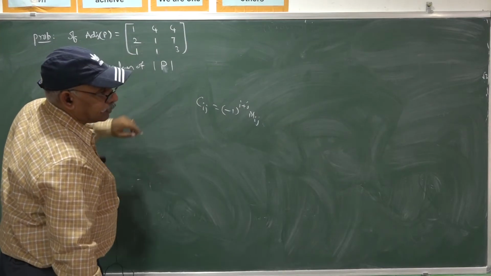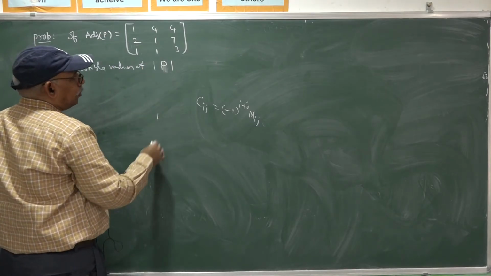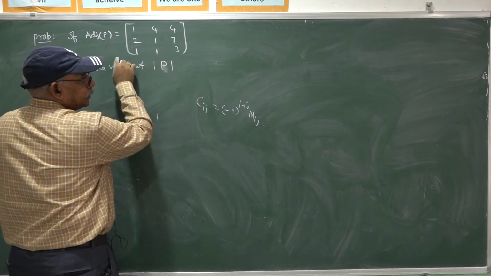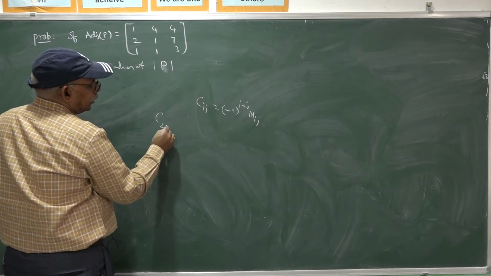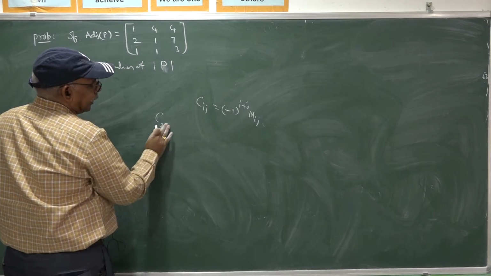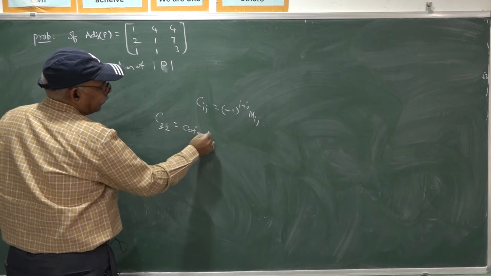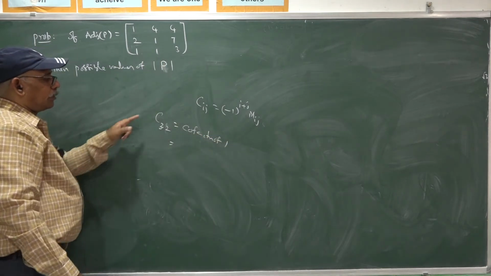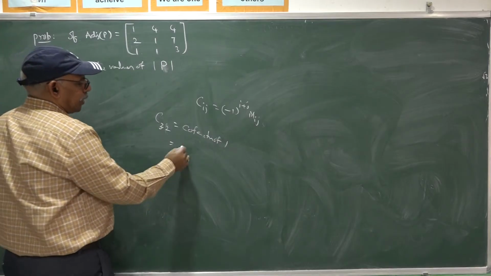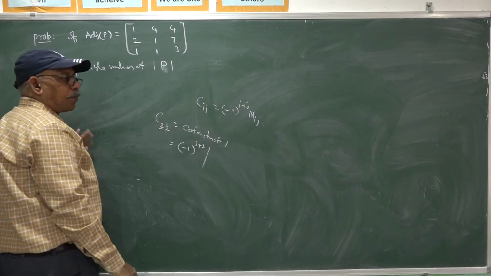Suppose you consider this element 1, in the third row, second column. The cofactor of this one, C32, is minus 1 whole power 3 plus 2 multiplied by the minor.